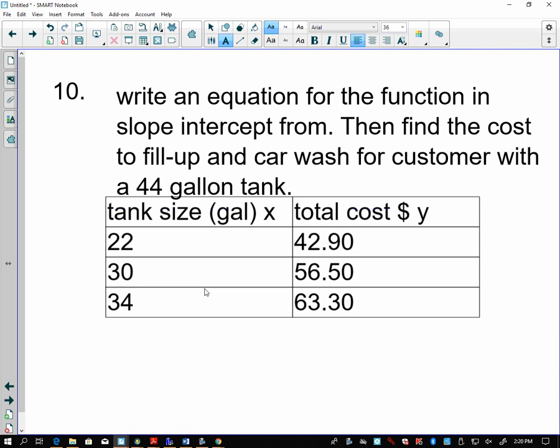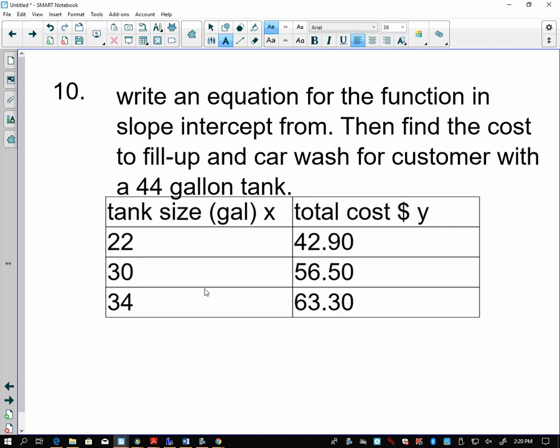So what you want to do with this is use your slope formula, y2 minus y1 over x2 minus x1, in order to find your slope. Then you're going to use y minus y1 equals m times x minus x1 in order to get the equation. Once you have the slope, you're going to use a coordinate pair.